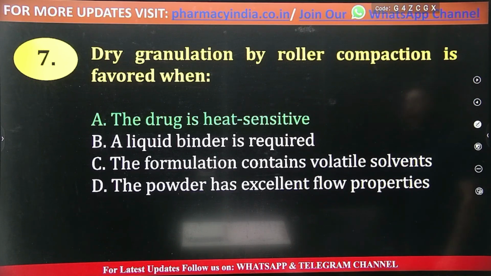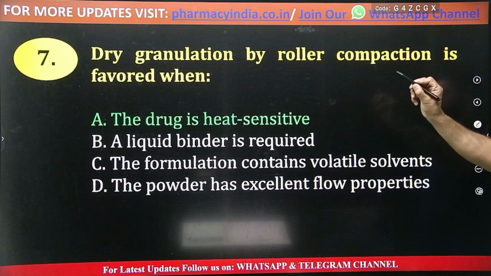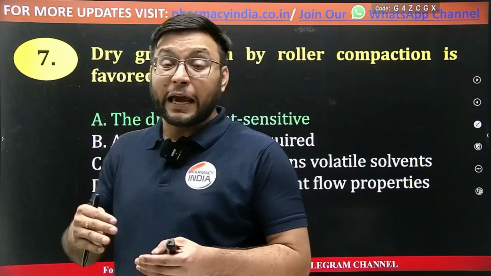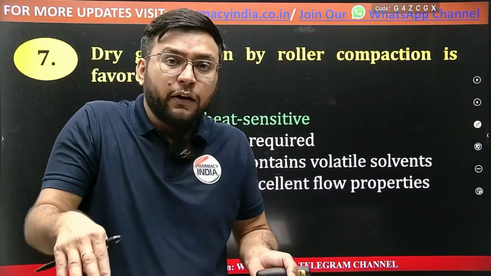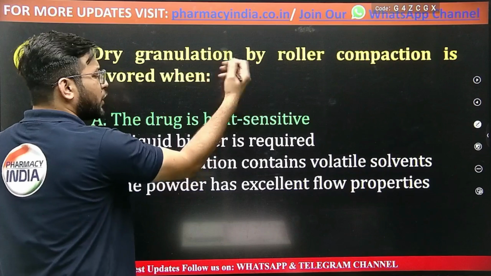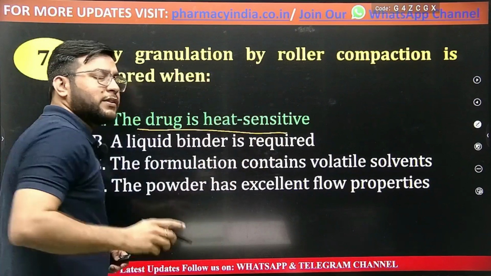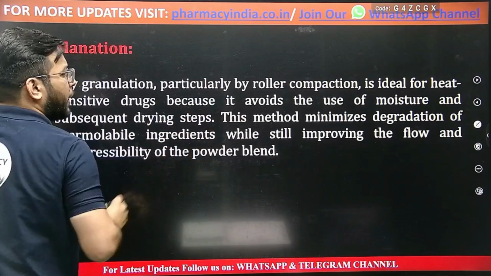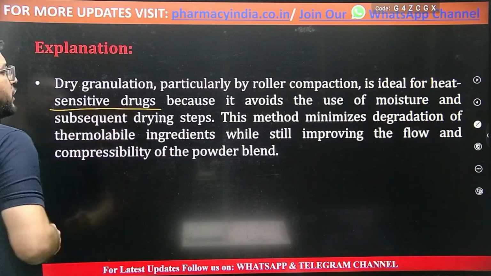Yes, dry granulation by roller compaction is favored when the drug is thermolabile, meaning the drug can be degraded by heat. So we mainly use roller compaction when the drug is heat sensitive. Dry granulation, particularly by roller compaction, is ideal for heat sensitive drugs.